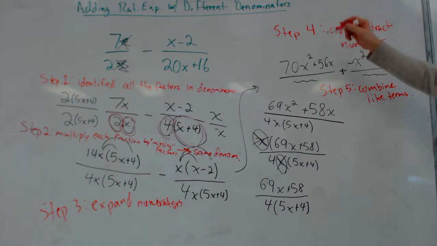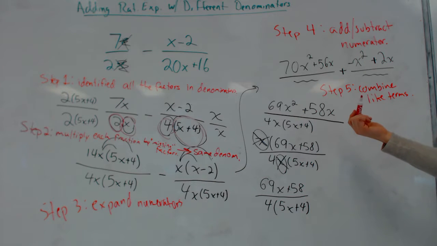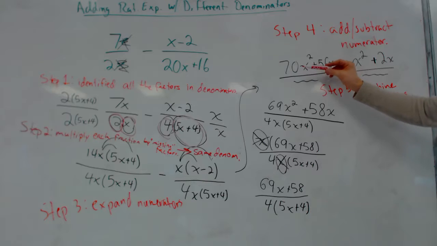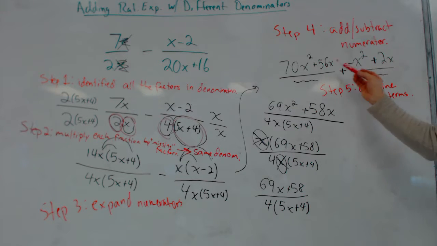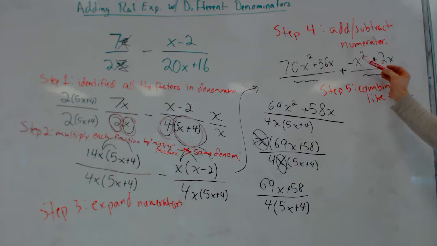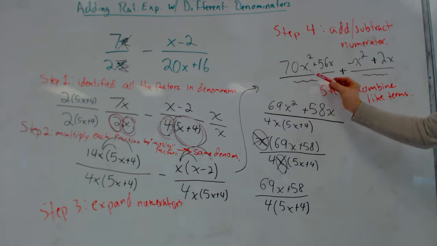And I sort of did step 4 and 5 at the same time, right? I never actually wrote 70x squared minus x squared plus 56x plus 2x. I didn't actually write that out in one numerator. I just said, oh, 70x squared minus x squared is 69x squared. 56x plus 2x is 58x.